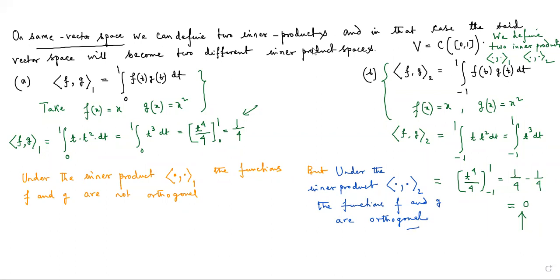What is the definition of orthogonal vectors? This definition of orthogonal vectors can be given with the help of an inner product in the following manner. Let V be an inner product space.